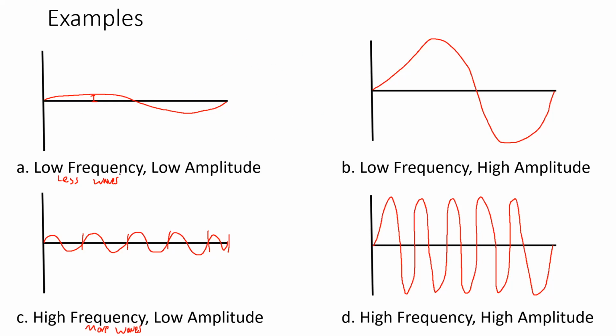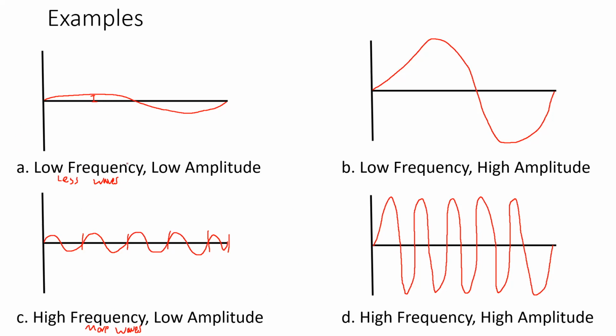So to explain sound in terms of these, we need to think what frequency and amplitude means for sound. So amplitude for sound means it is a louder sound. If it's a lower amplitude, then it is a quieter sound. Frequency, if it's low, it means it is low pitch. And if it is high frequency, it means it is very high pitch.